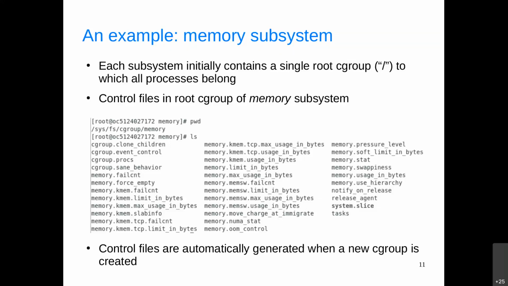And they also have control files to limit the memory usage of the processes belonging to this cgroup. When you create a new cgroup by creating a directory, all these control files get replicated in that particular cgroup. But the information that these control files expose will be in the context of the processes that belong to that cgroup.